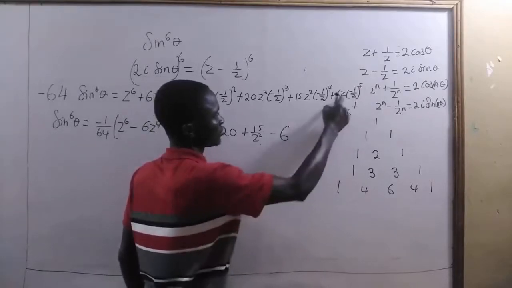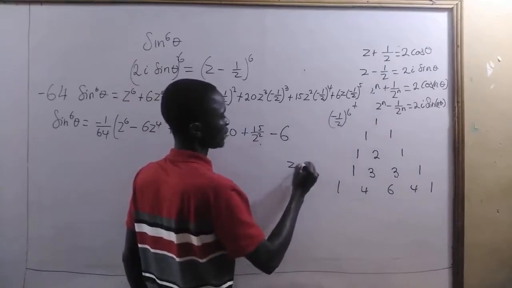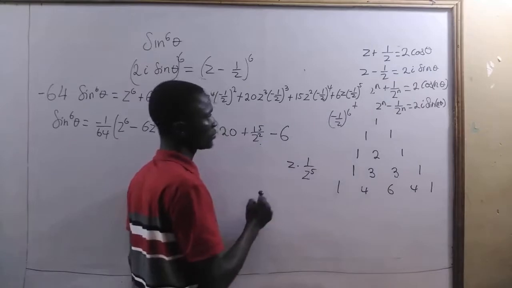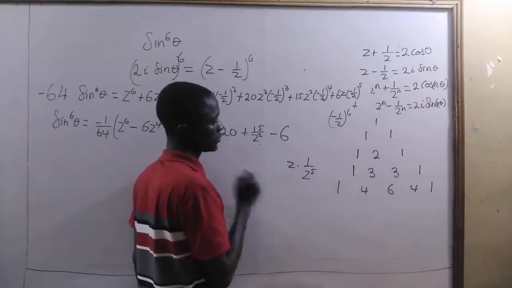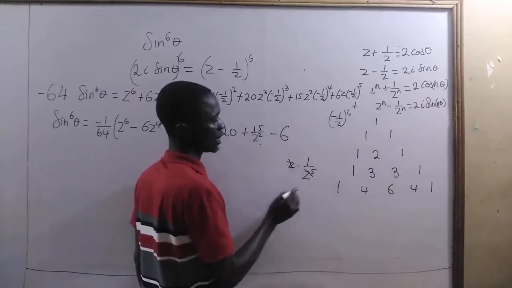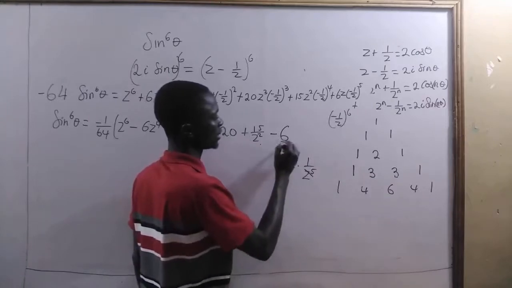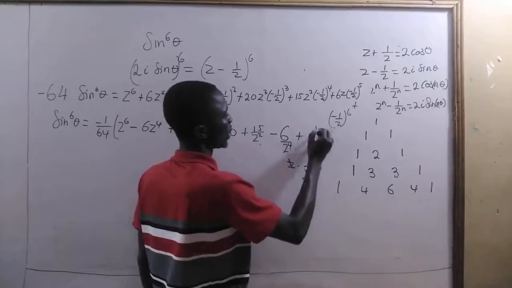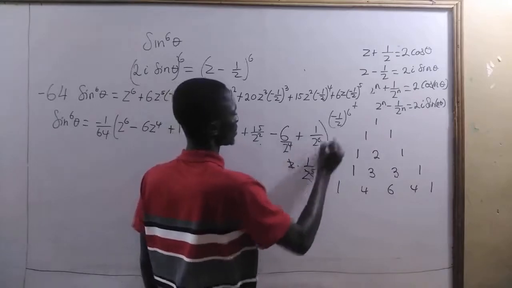So 6, then you have z times 1 on z to the power 5. So here, this will cancel this, we have z to the power 4 as the denominator. Then this will be positive 1 on z to the power 6.